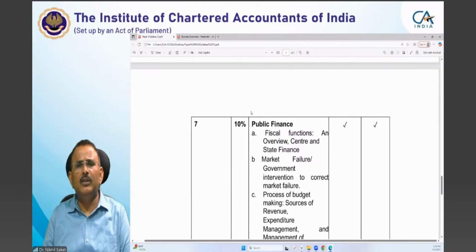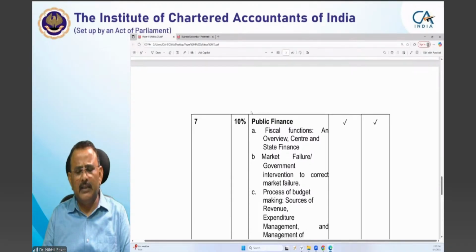So when you are clear about Musgrave's three-part theory, definitely you will be able to answer that. So focus on that. Then an important concept in public finance is market failure. How the government intervenes to correct the market failure is explained.